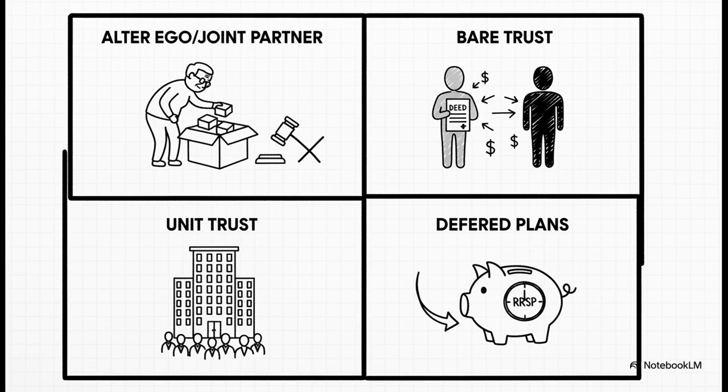For tax purposes, the CRA basically looks right through it, and all the income is taxed to the real owner. You're also familiar with unit trusts. This is the structure used for mutual funds and real estate investment trusts, which are designed to just flow income out to investors. And finally, of course, are the trusts that hold our registered plans like RRSPs and RESPs, where the whole point is to defer tax on the growth until the money is taken out.